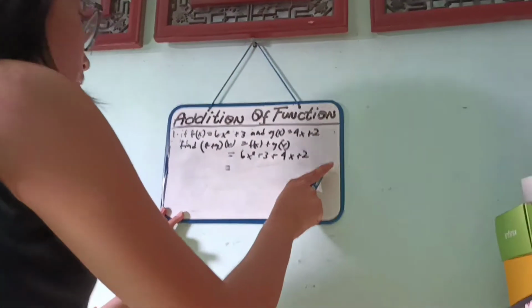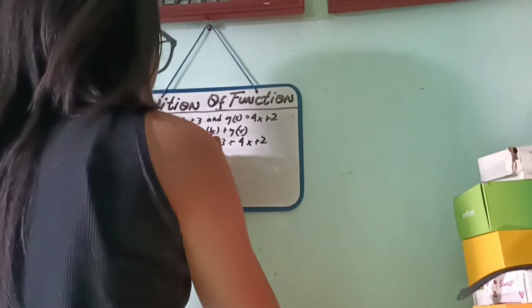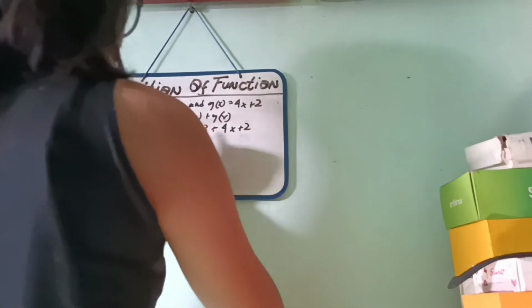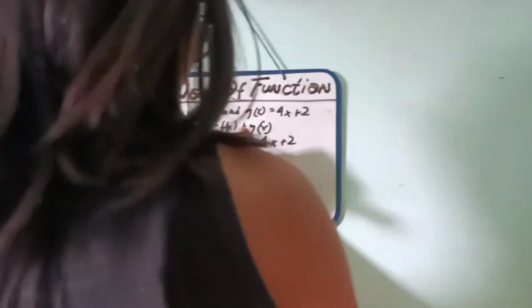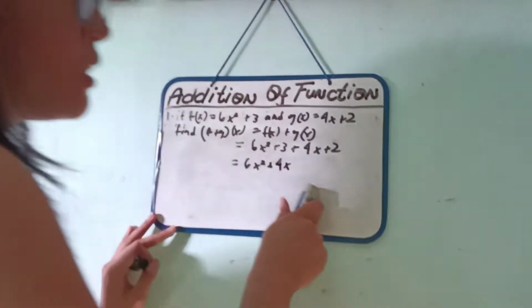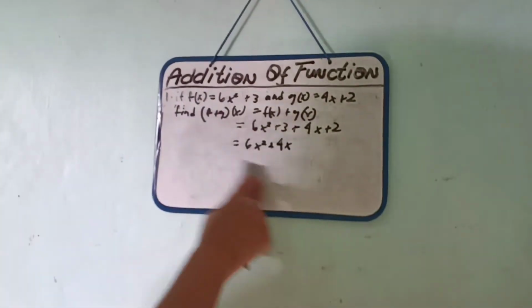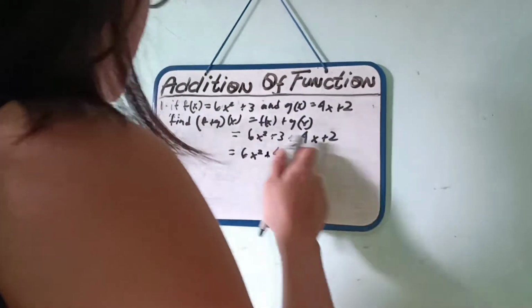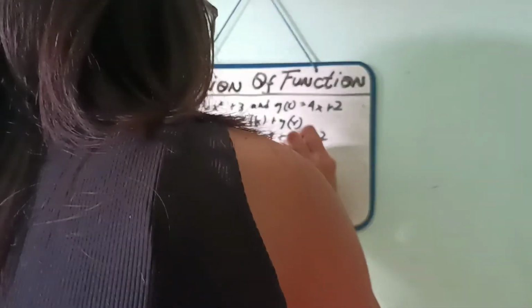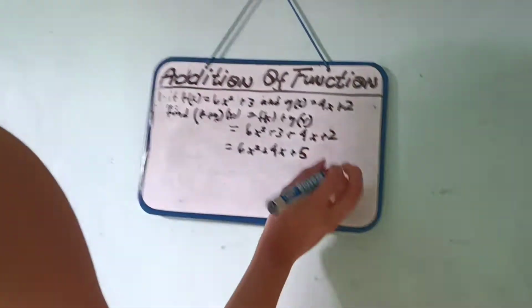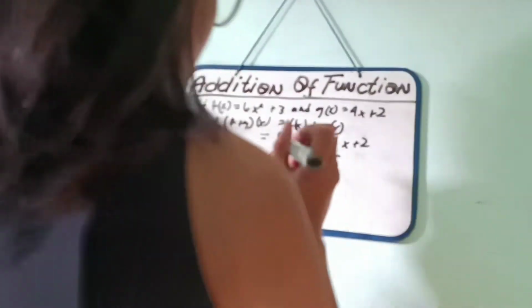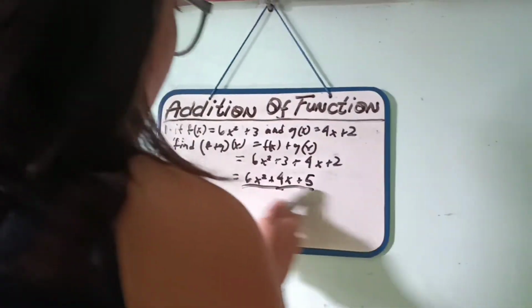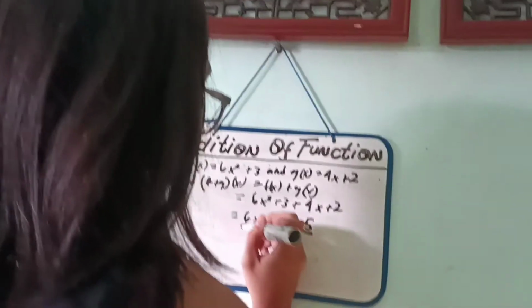Combine like terms. There is no like term for 6x squared, which is already combined. Next is 4x. Since we write in standard form, it should be arranged properly. Positive 3 plus positive 2 would be positive 5. Here is our final answer, the simplest form. There are no more like terms.